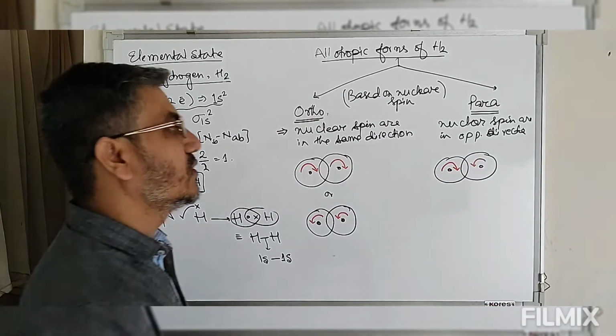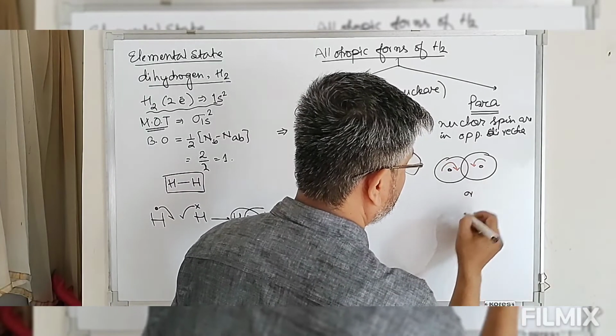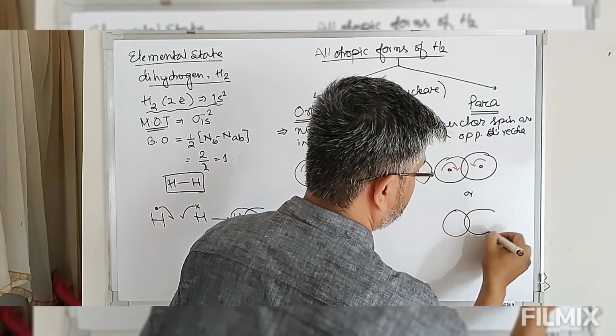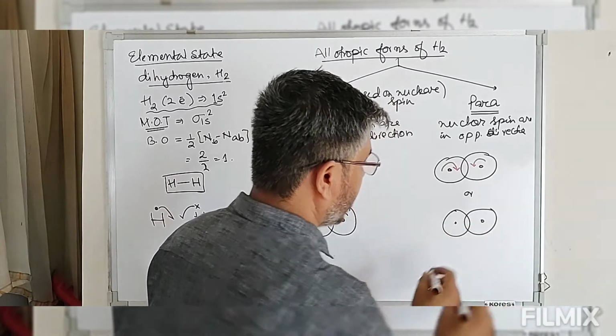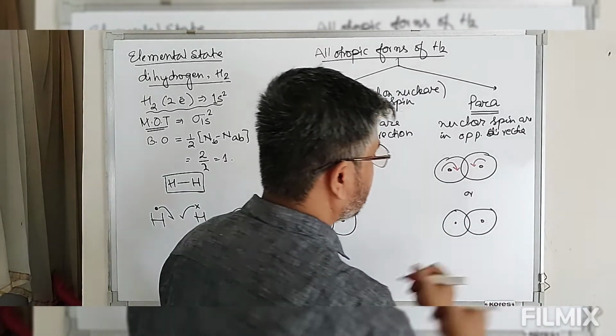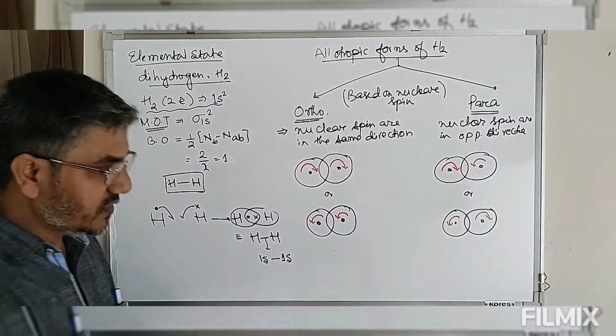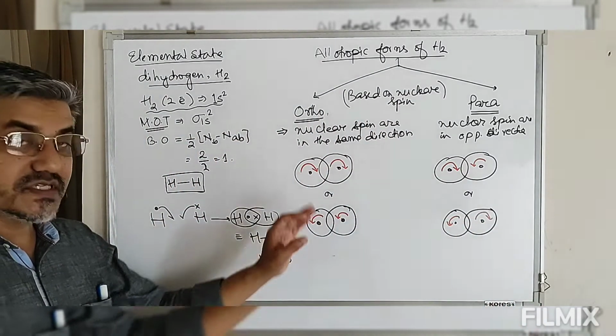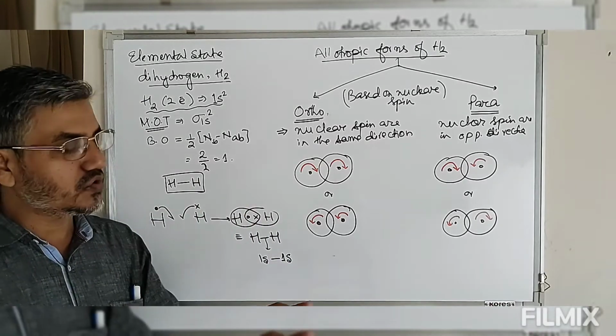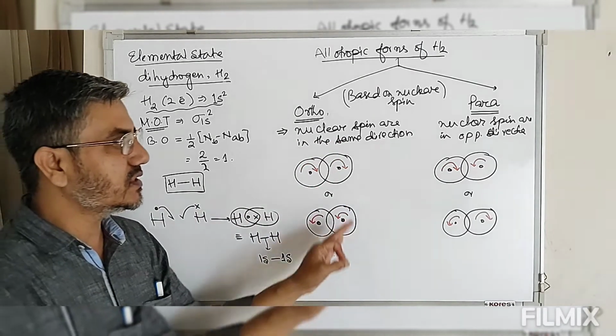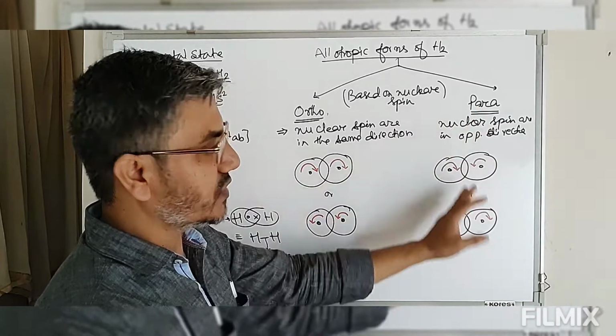Or we can say if the first one is anti-clockwise, then the second one is clockwise. So if both the spins are in the same direction, this is nuclear spin, not the spin of the electron, then we say this is orthohydrogen. If they are in opposite directions, this is known as para.